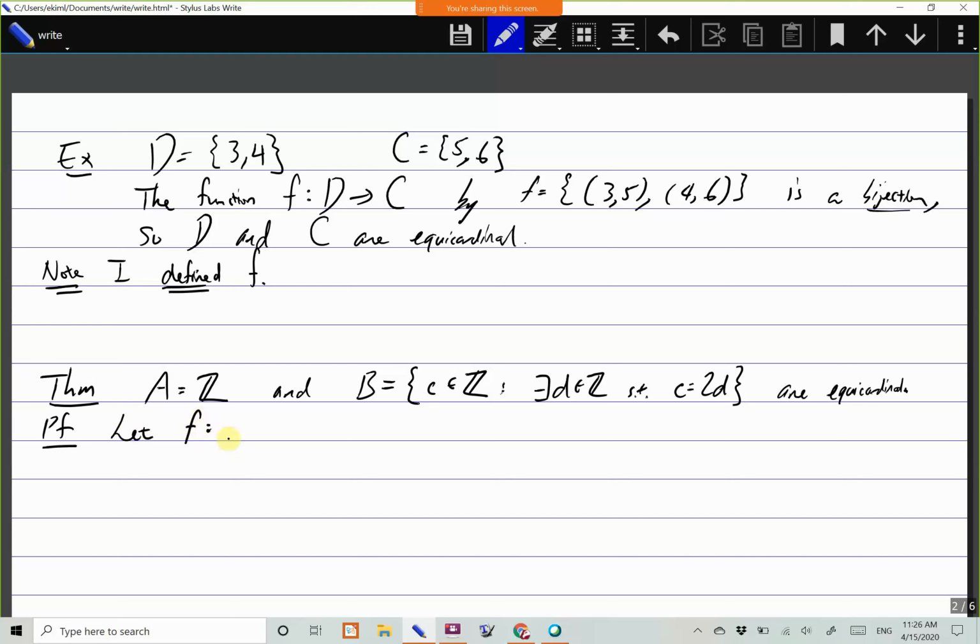So let f be a function from A to B with rule f of x equals, and I want you to give it a shot. If you can, without looking at my PDF, please, at least for right now. I just want you to stare at this for a moment. Nobody needs to type anything in the chat yet.